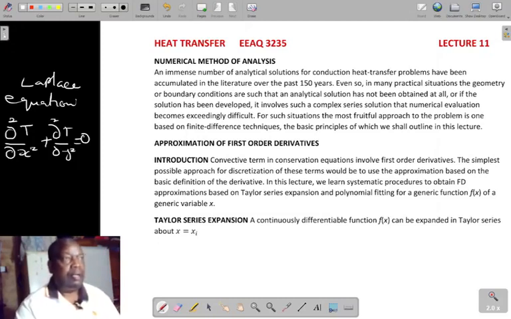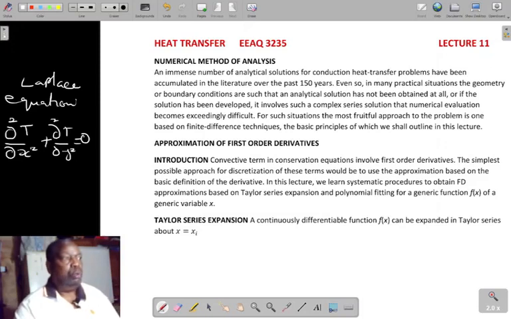What we are looking at is what can generally be referred to as computational methods, and computers do not understand continuum. They can only understand discrete systems.